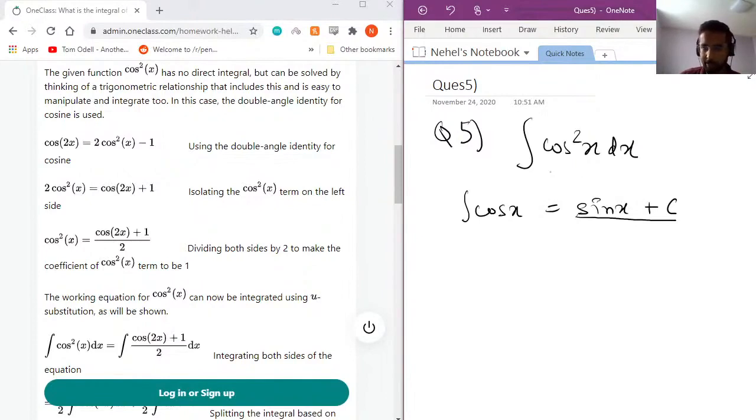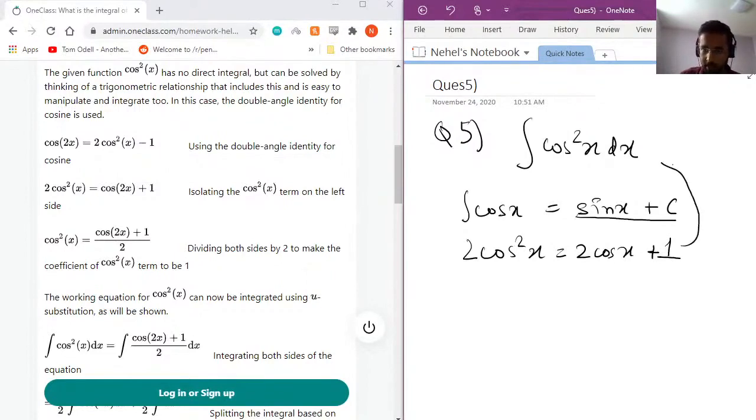Similarly, one property which we would need to get from cos squared x to a cos function is the property for cos 2x. We know that 2 cos squared x is actually equal to cos 2x plus 1. So we can get started with that almost right away.